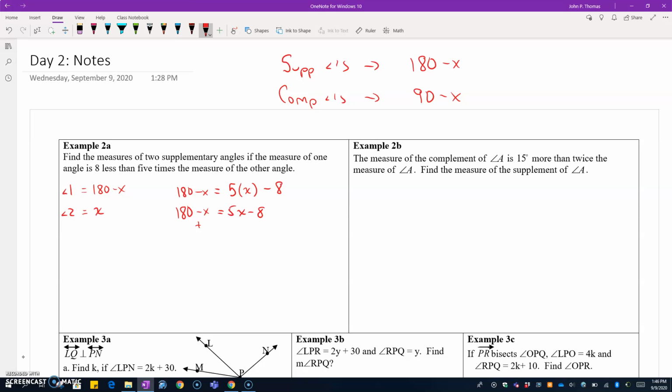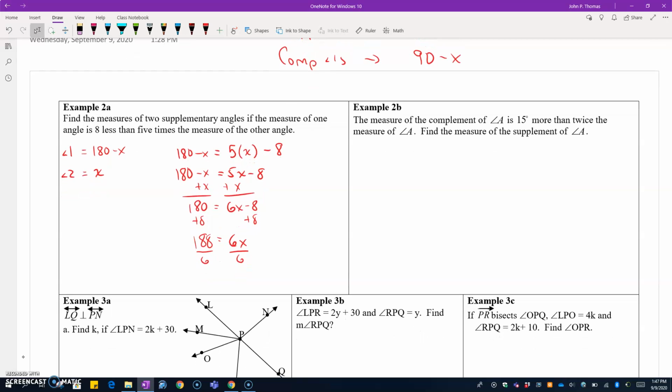I'm going to add x to both sides. So I have 180 equals 6x minus 8. I'm going to add 8 to both sides at this point. So I have 188 equals 6x. Now I'm going to divide both sides by 6. This doesn't go in perfectly, so we're really just going to have to reduce on this one.